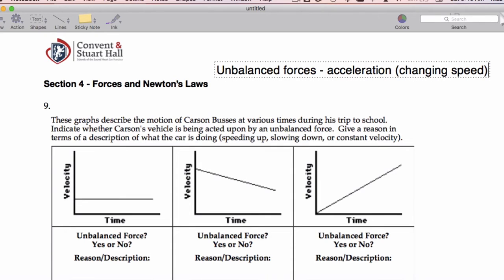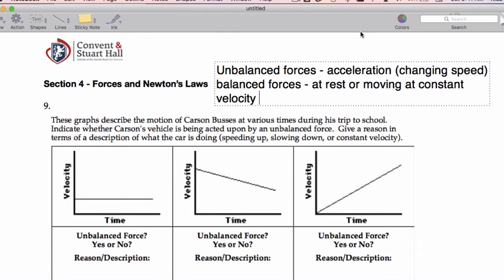We're going to realize later on that you can even change direction and accelerate, but that's a topic for second semester. And balanced forces means that you are either at rest or moving at constant velocity.